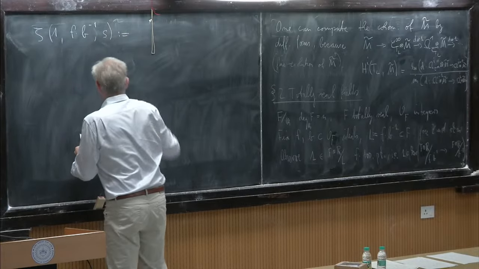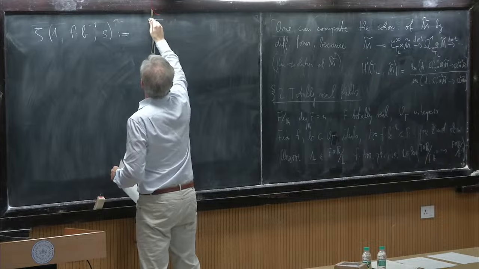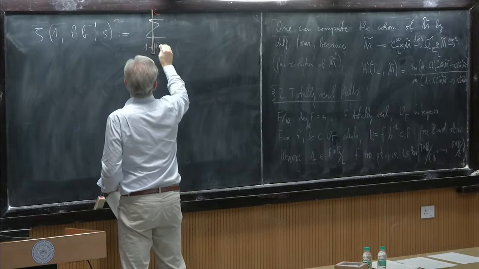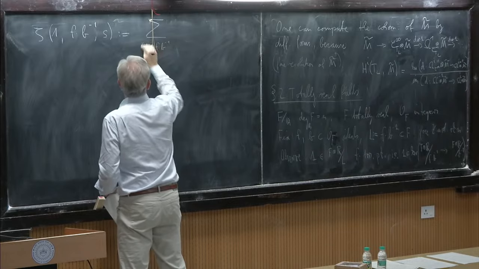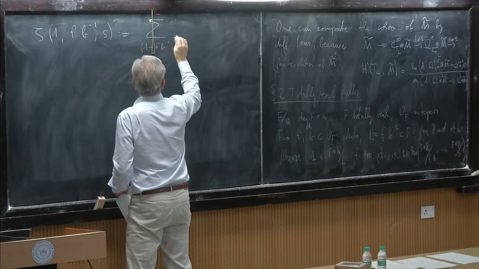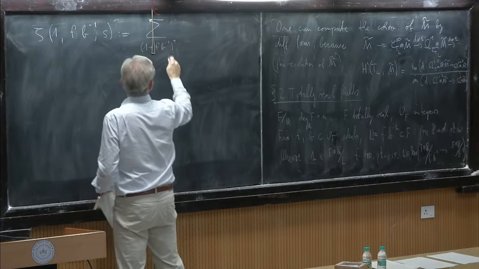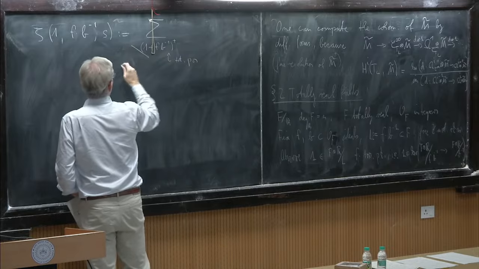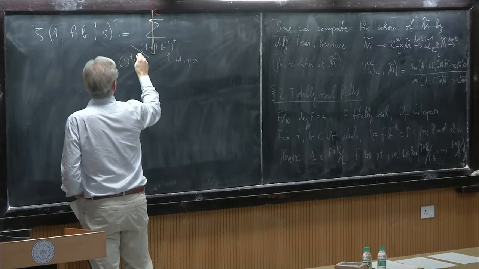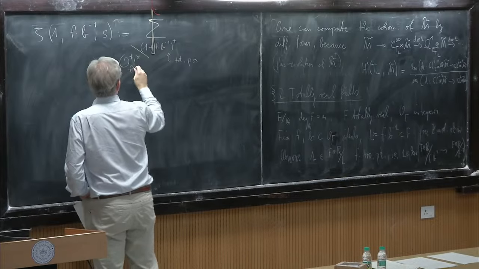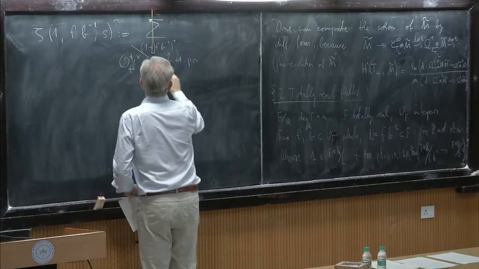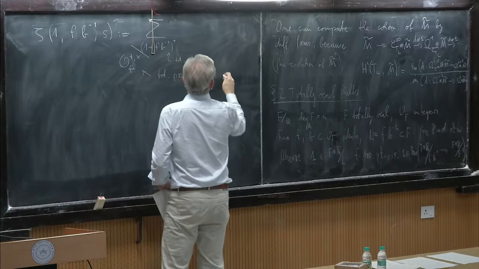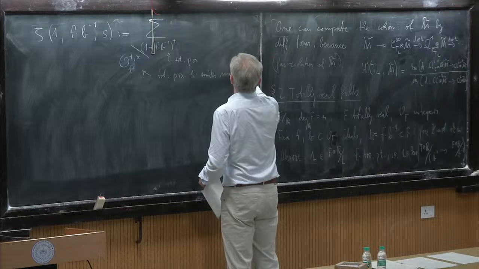You define this: you take the sum over all elements in F plus f b inverse, and here I have to be a little bit technical, which are totally positive, and you divide by the totally positive units congruent to 1 modulo f.